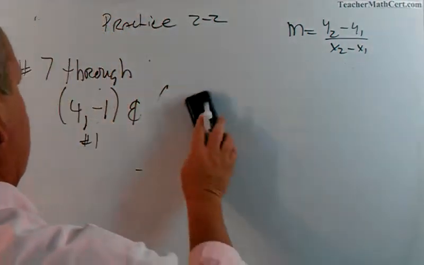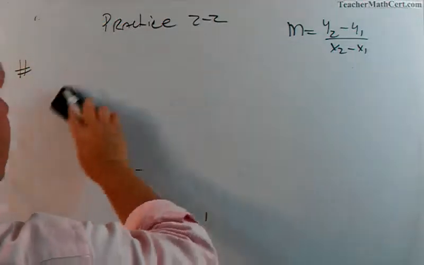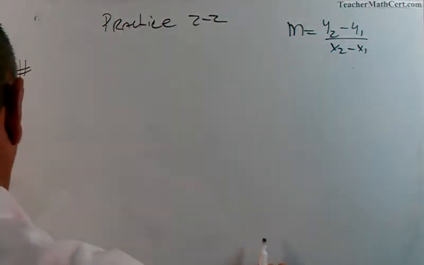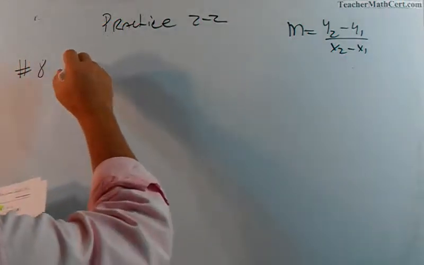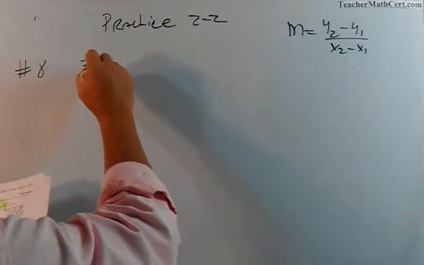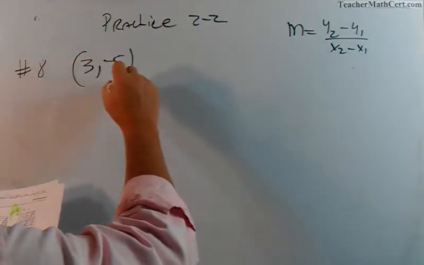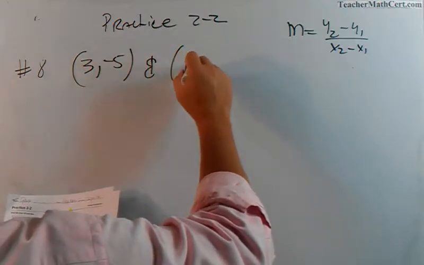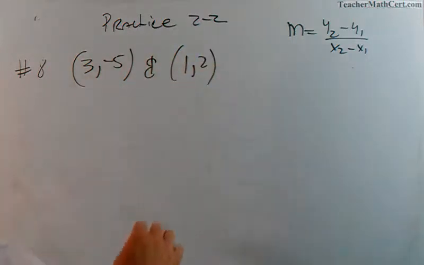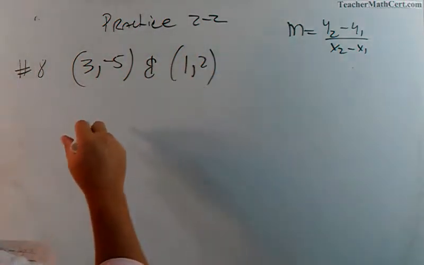Number 8 goes to the points 3, comma, negative 5, and 1, comma, 2. Trying to find the slope again. There's the formula.